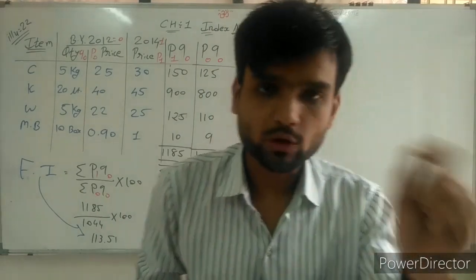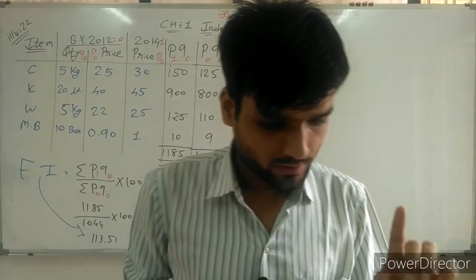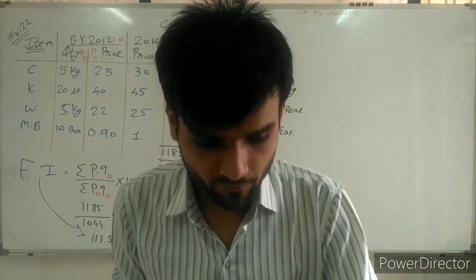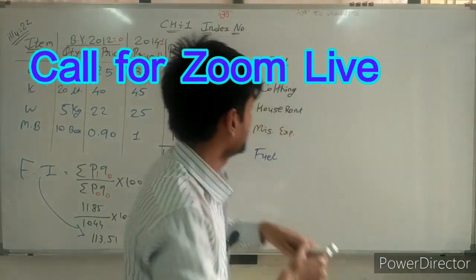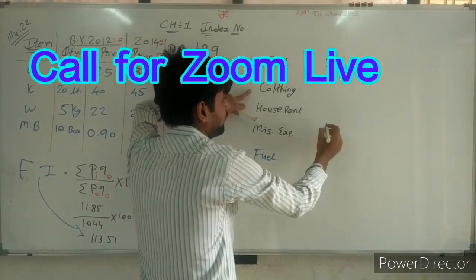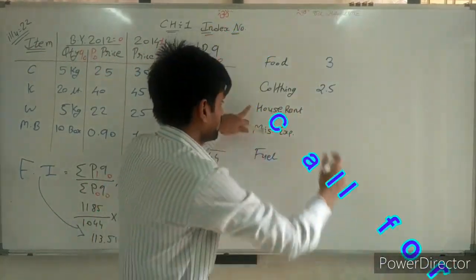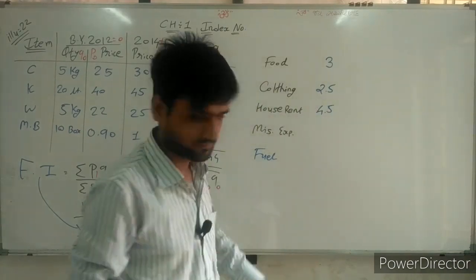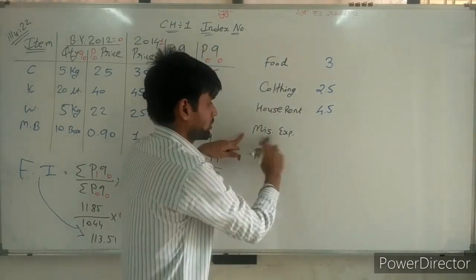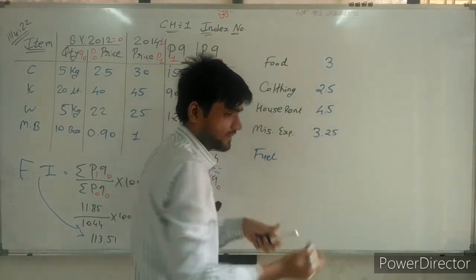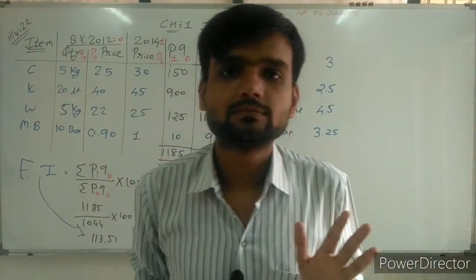Going ahead. So total expenditure on these items in the year 2015 are 3, 2.5, it means for food 3, for clothing 2.5, house rent 4.5 and 3.25, so miscellaneous 3.25 times respectively.